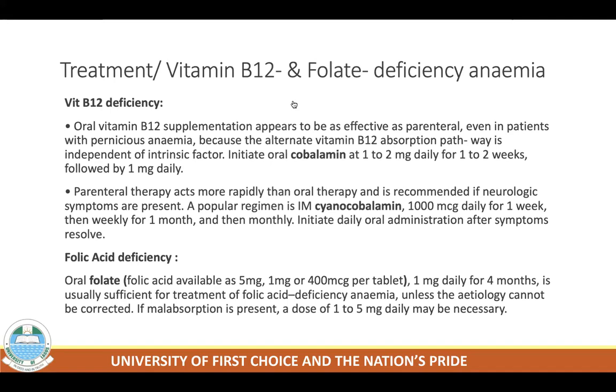So usually it requires laboratory diagnosis. I've mentioned that as well before. So you can differentiate B12 from folic acid, but identifying iron deficiency anemia usually requires laboratory diagnosis.